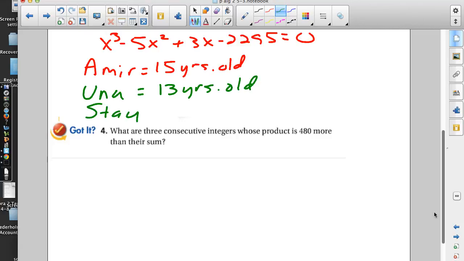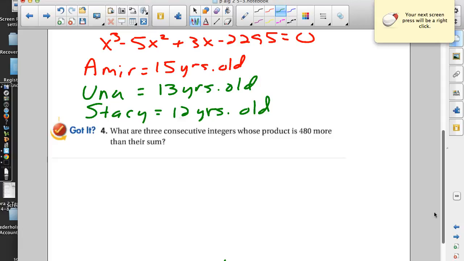Oops, I gotta spell Stacy's name right or she'll get me. And abbreviate it correctly. My hand is not keeping up with my brain. There we go. So Amir is 15, Una's 13, and Stacy is 12. And it all starts with, who do I know nothing about? Because that has to be my variable. And then I have to build from that.